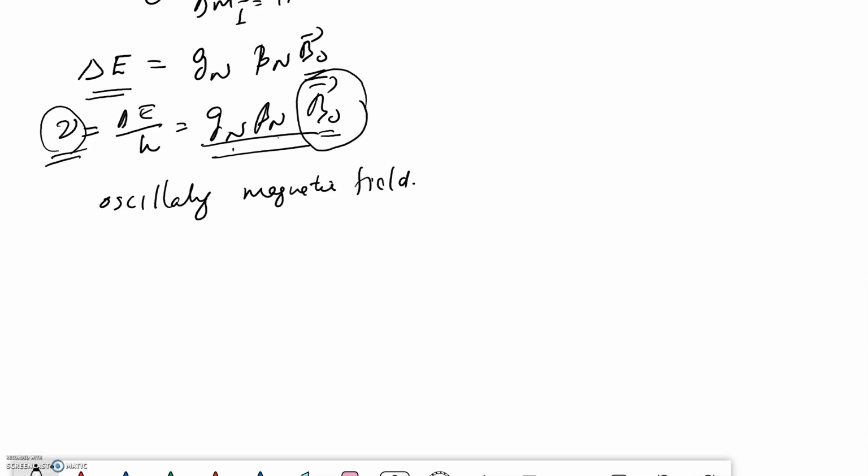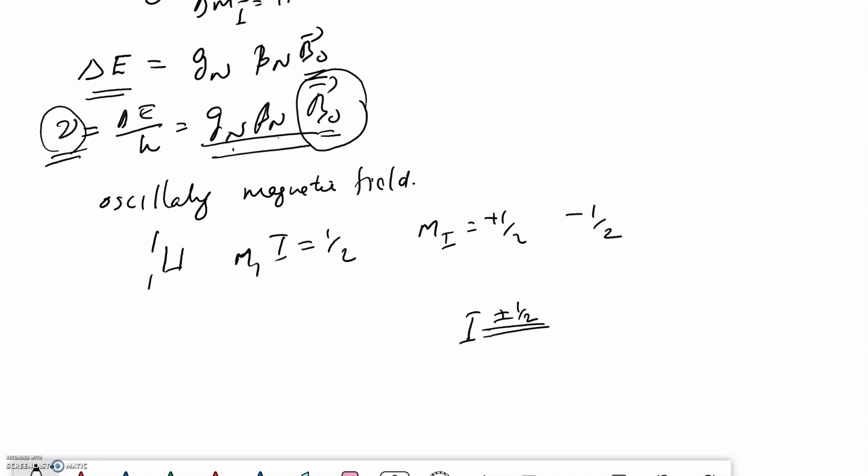If you consider hydrogen, I is equal to half. Therefore, mi values are only plus half and minus half, and the energy levels split in the presence of an applied magnetic field. In the absence of an applied magnetic field, that is B equal to 0, these two levels are degenerate.